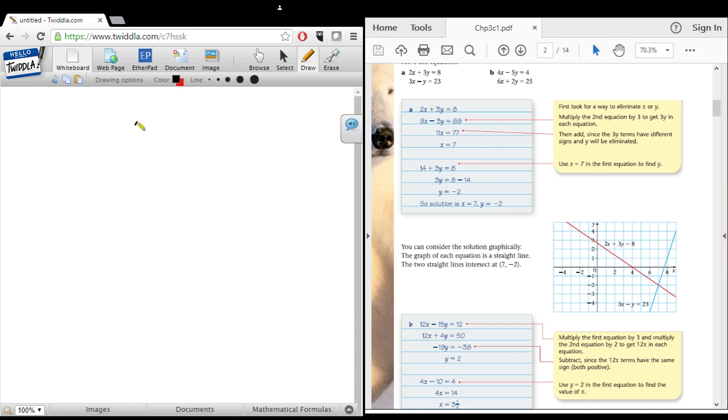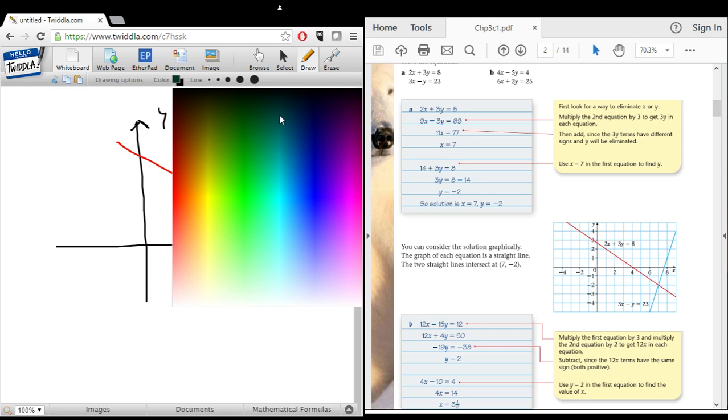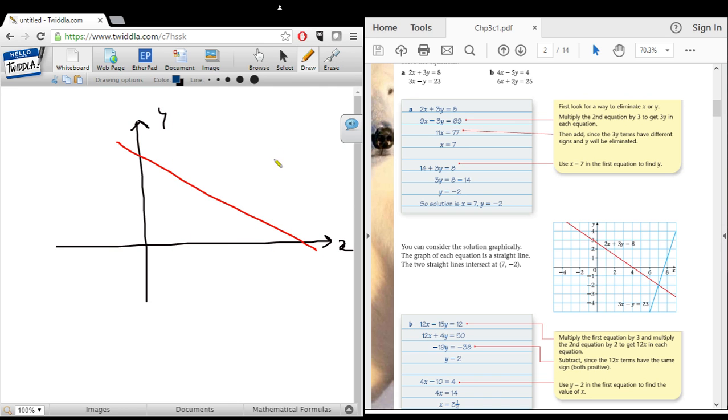If you've drawn a graph somewhat correctly in terms of its accuracy, and you have a graph where the lines cross one another like this, this is your point of intersection.